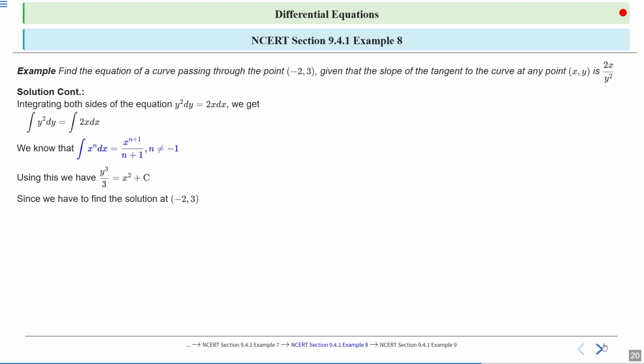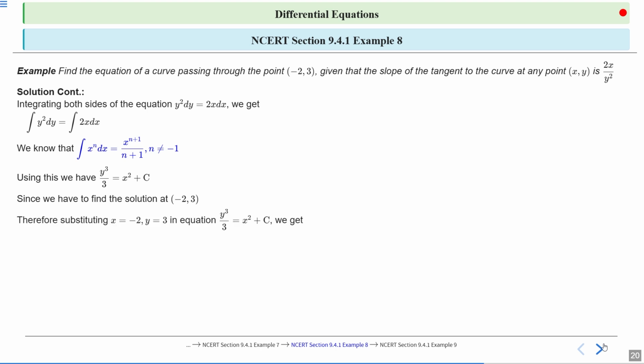But we have to find the equation of a curve passing through the point (-2, 3). This equation, y cube by 3 is equal to x square plus c, represents a family of curves which satisfy the differential equation. So we have to find the solution at (-2, 3).